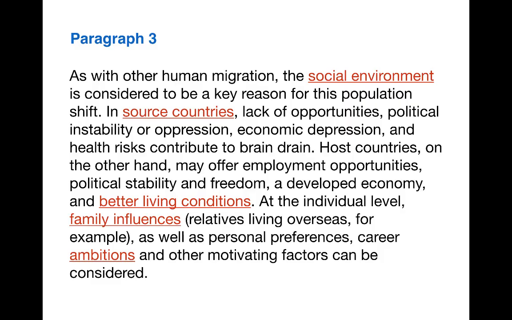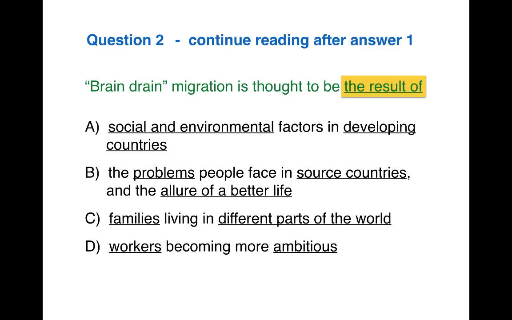Back to the question then. Brain drain migration is thought to be the result of. We found a whole paragraph about the reasons for the brain drain. Then, if you put answer A, social and environmental factors in developing countries, maybe you chose that one because of the words the social environment. However, this is wrong.